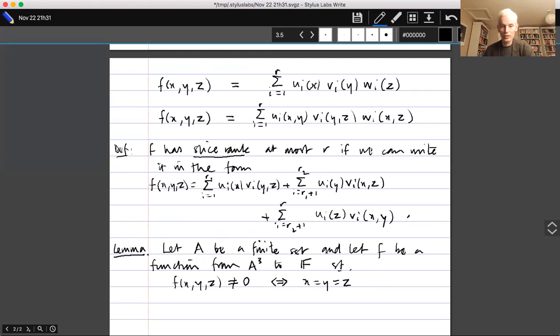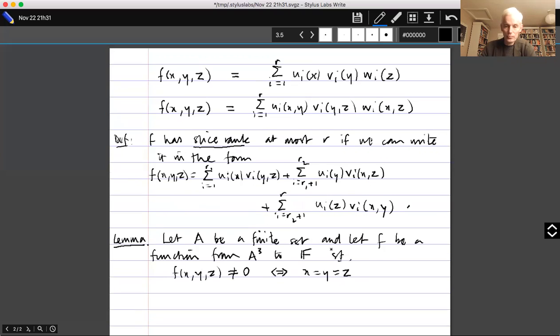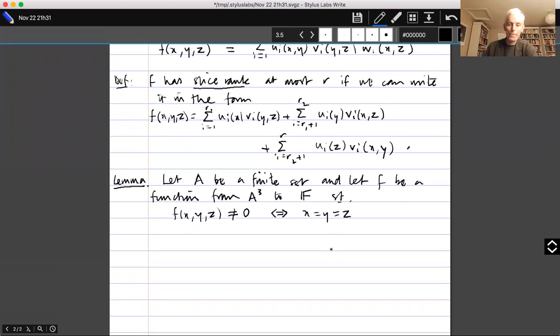That's all I want to say. Then the slice rank of f is the size of A. So this is a sort of diagonal tensor with non-zero entries down the diagonal.